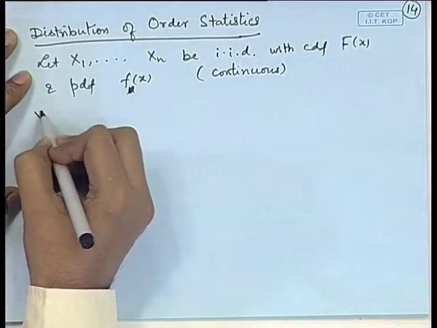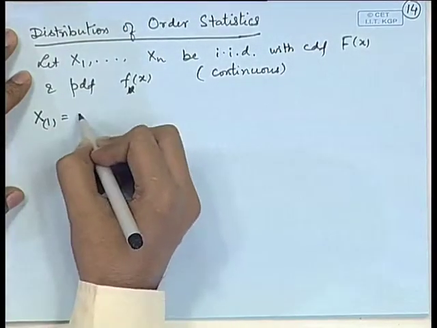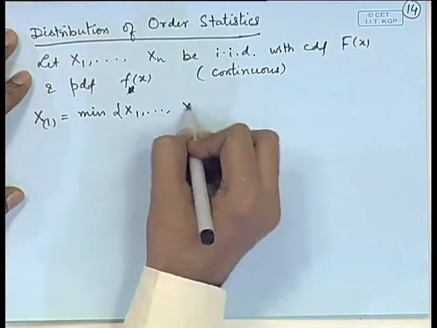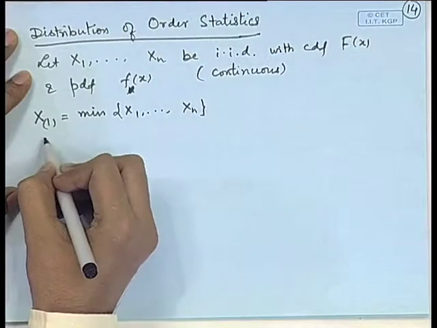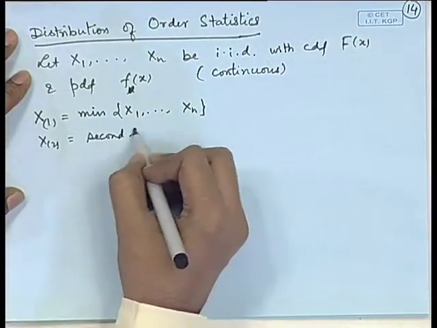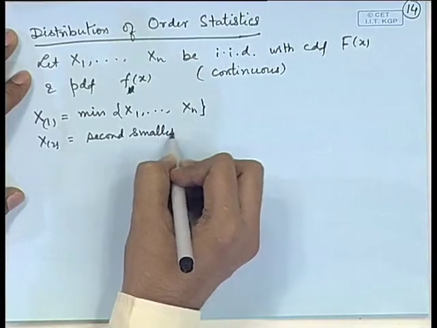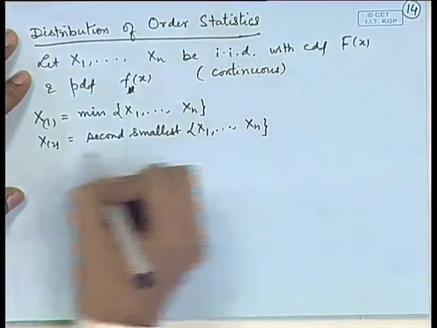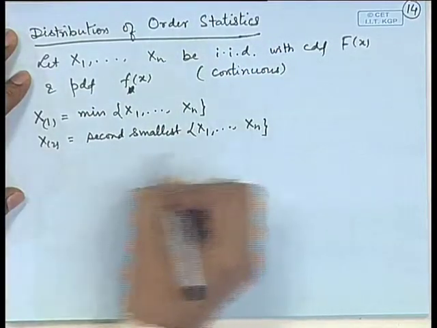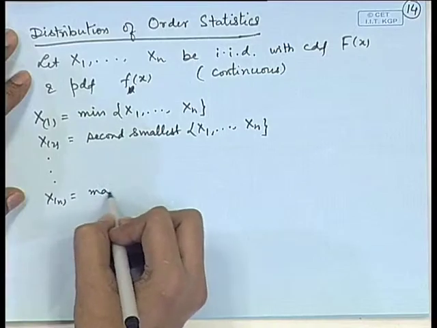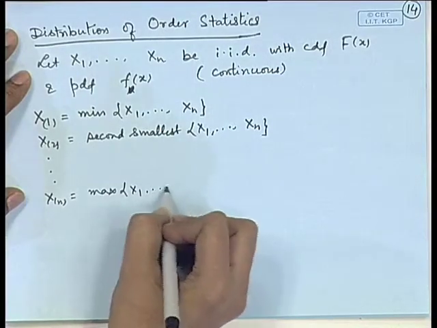We define X(1) to be the minimum of X1, X2, ..., Xn, X(2) to be the second smallest of X1, X2, ..., Xn. So, like that X(3) will be the third smallest and so on, X(n) will be the maximum of X1, X2, ..., Xn.